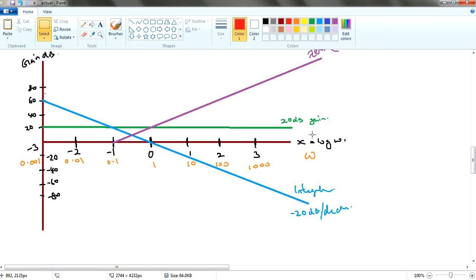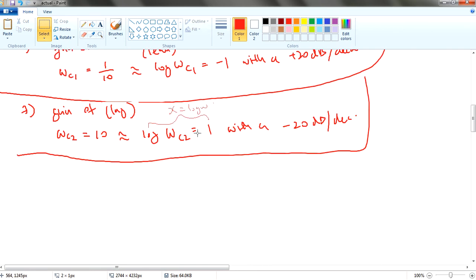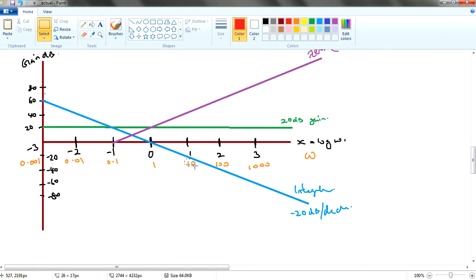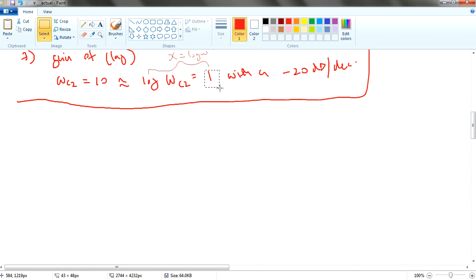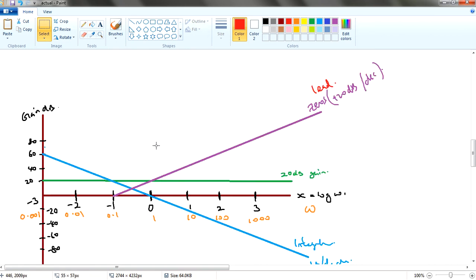If you are talking about the frequency graph, this orange color is the frequency graph, and you would use 10. As you can see, it's this point over here, which is the same as log omega equal to 1. If it's omega itself, it's 10, so they are the same plot.